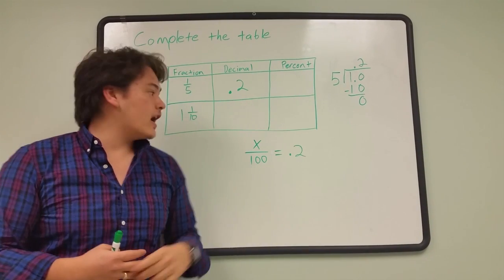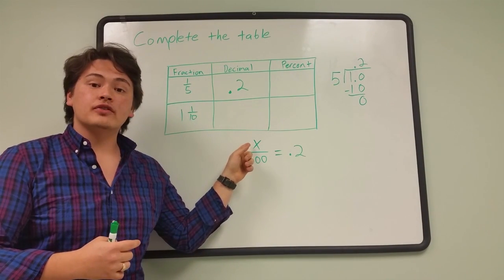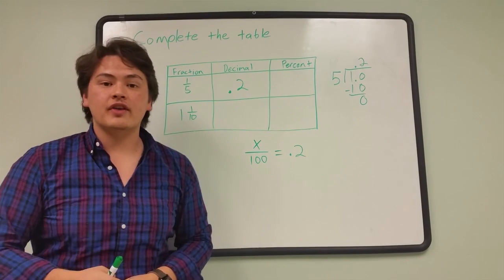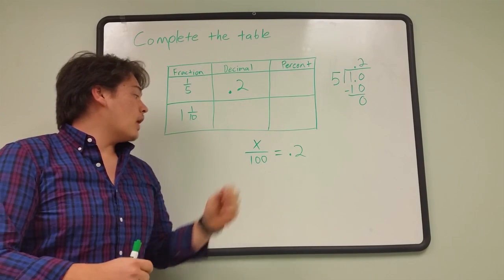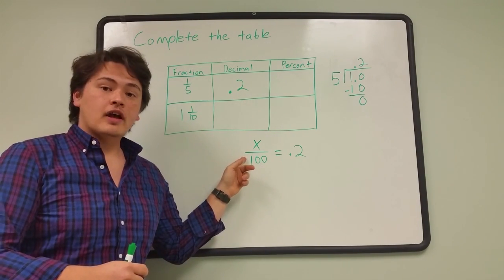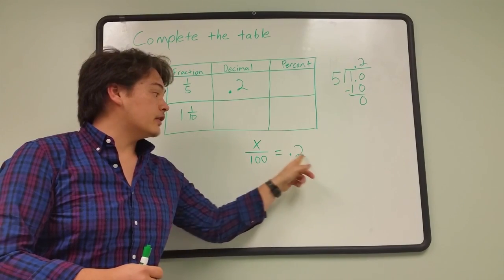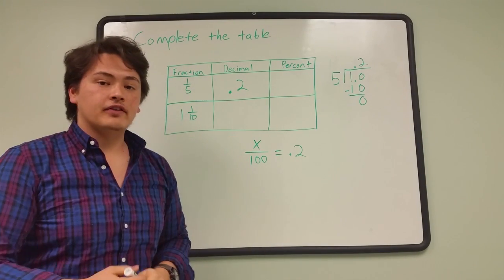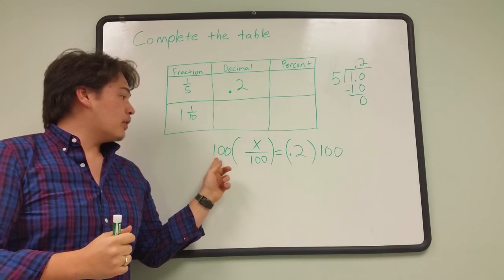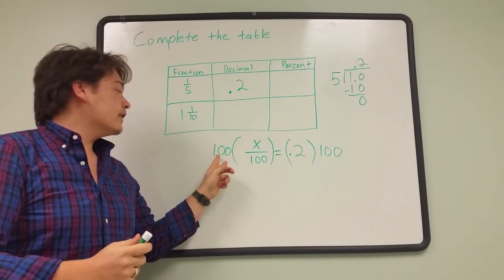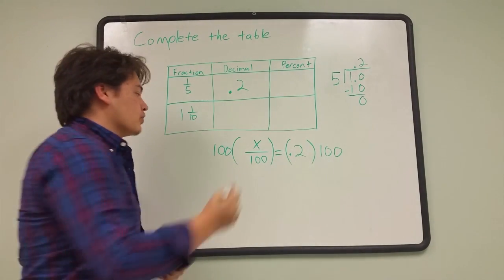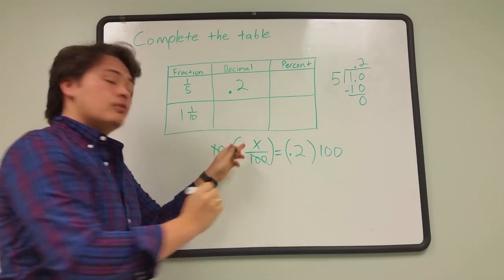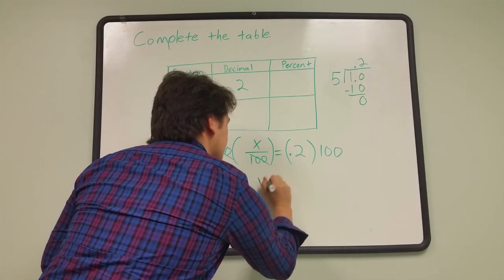So we're going to solve for x to find out what the percentage is, because that is what x represents. So I'm going to get rid of this 100 by multiplying both sides by 100 so that x is by itself. This 100 is going to cancel out this 100, leaving me with just x on this side.